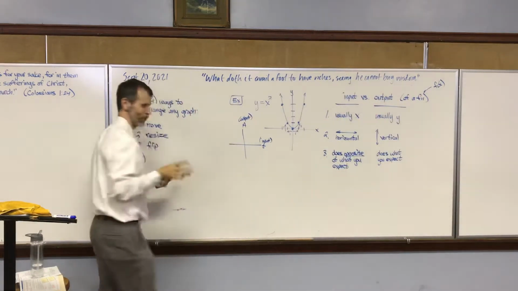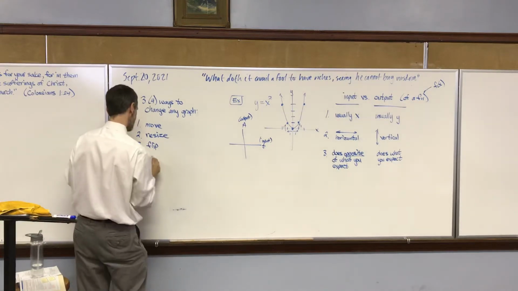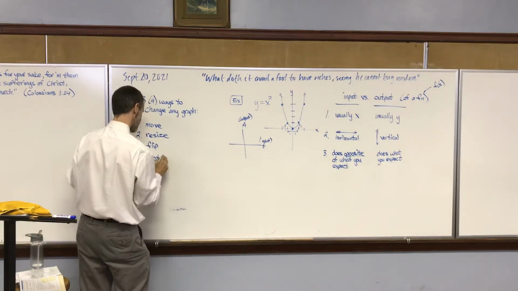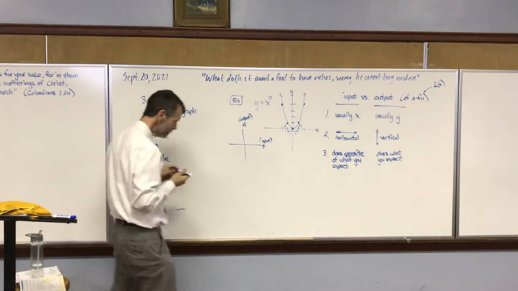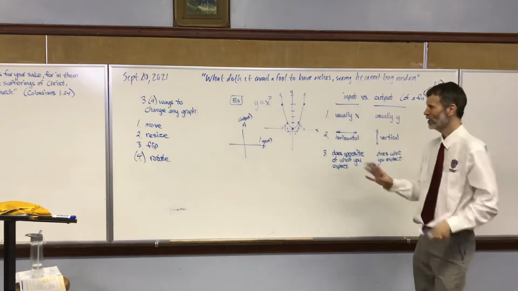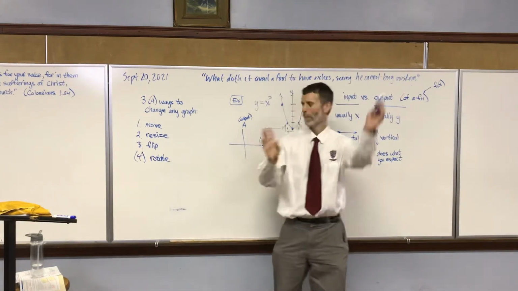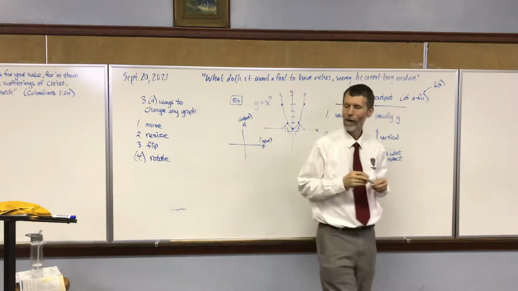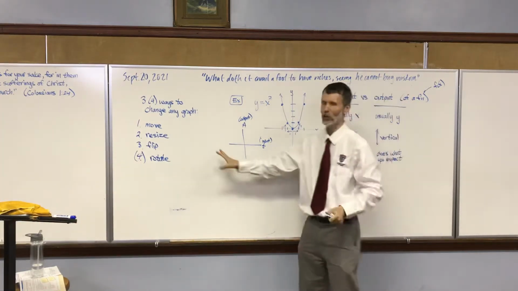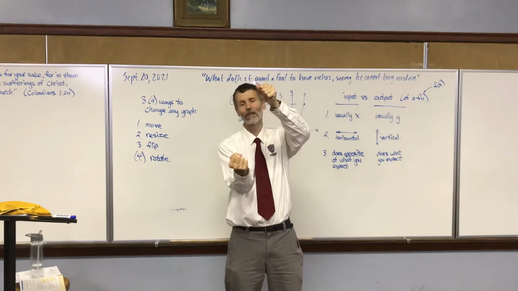The 4th, again, which we're not going to cover much until the 2nd semester, you can rotate the graph. Now, if you continue on to take math in college, I'll give you a little teaser. It is possible, like a rotation, like you grab your paper and rotate 30 degrees clockwise.